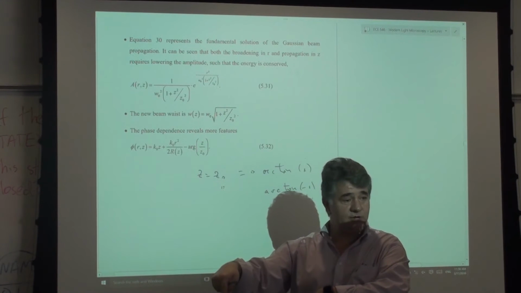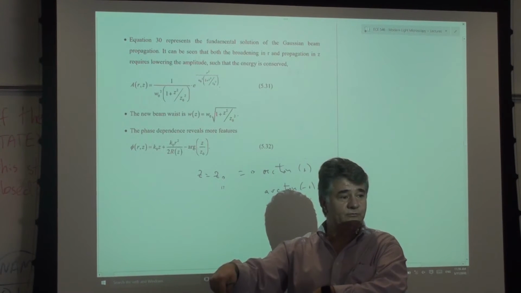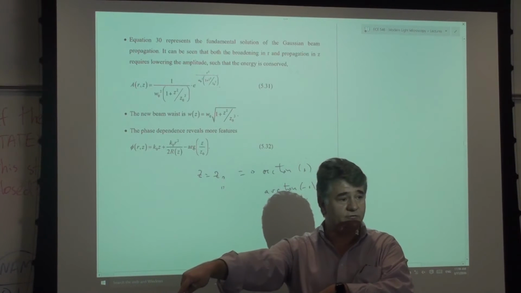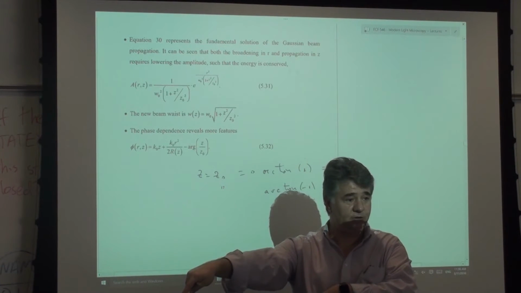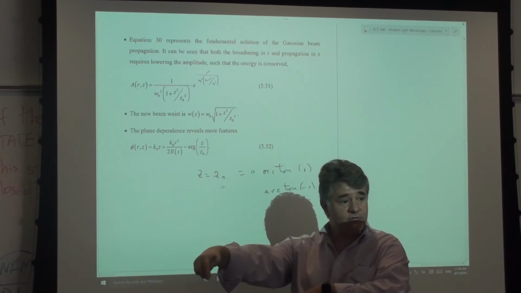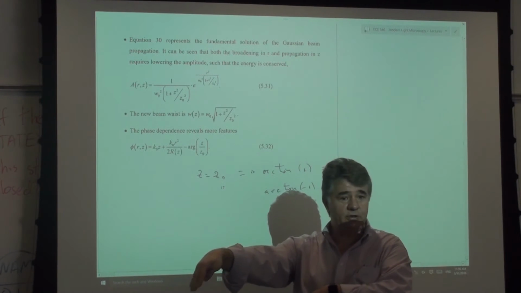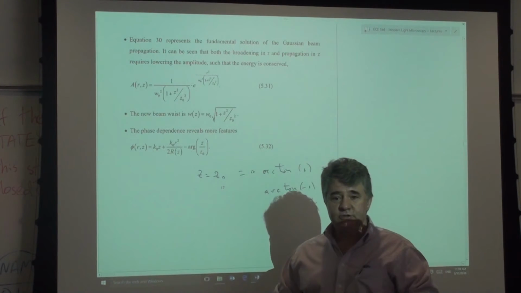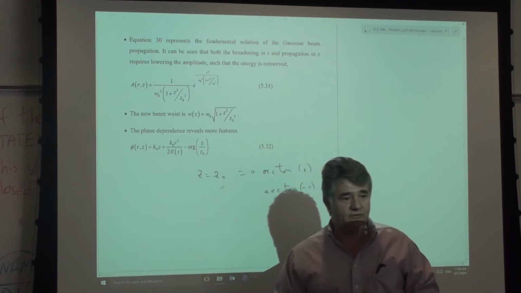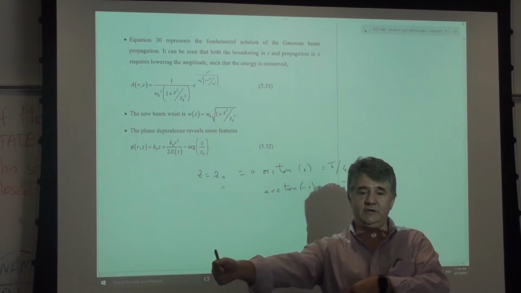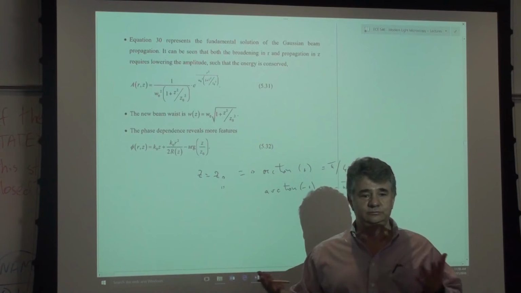It's only on axis that the beam acts as a plane wave of k naught z phase. As I move off axis, my kz component is slightly shorter than k naught, and the higher the angle, the shorter the kz. So essentially, on average, that kz is smaller than k naught. You're missing some phase as you propagate through.